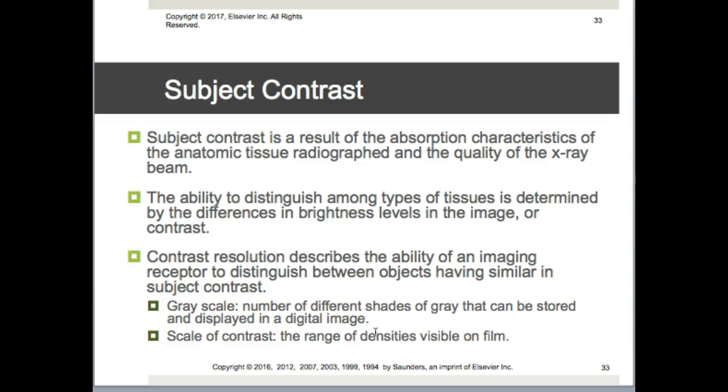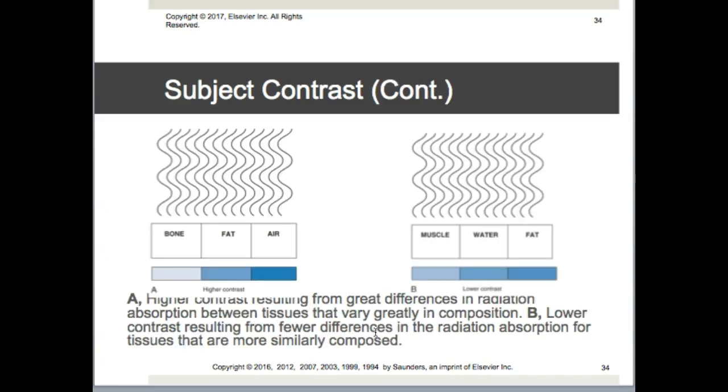So we need to be able to see the difference in the scales. We're going to talk about grayscale, the number of different shades of gray that can be stored and displayed in a digital image. Then there's the scale of contrast, which is the range of densities visible on a film.